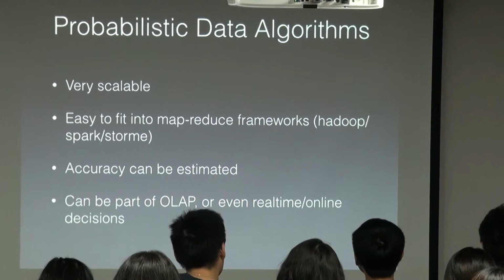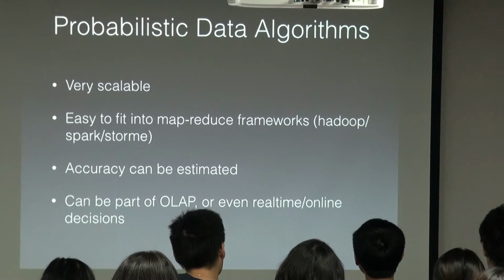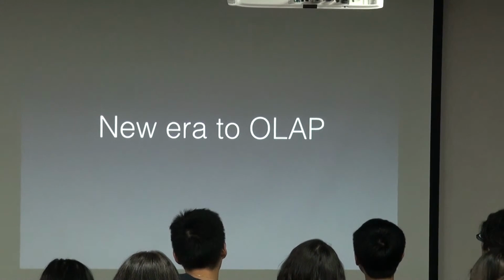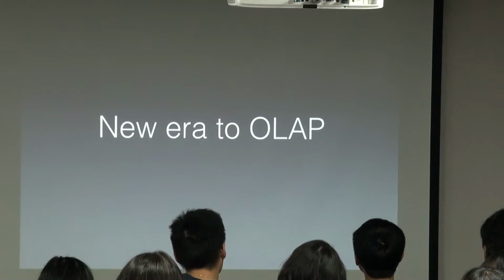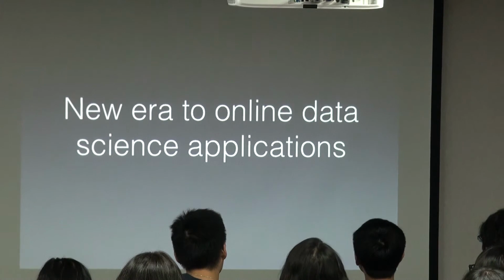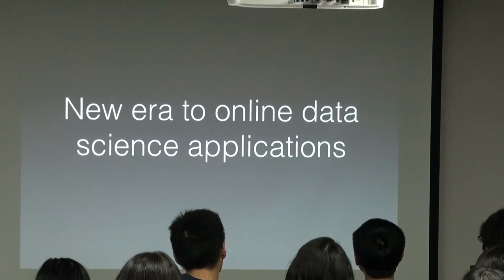And it can make a lot of the data visualization and estimation even more flexible. So I say this is a new era of online analytical platform, and also it's a new way to do some of the data science applications.